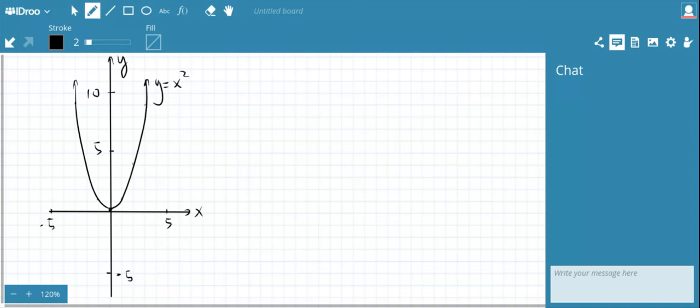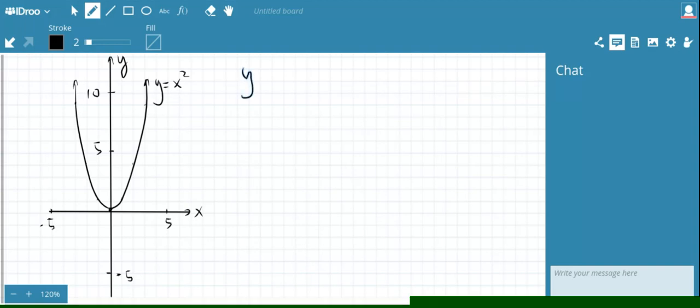So we're going to talk about translations, and then we're going to talk about shrinking and stretching and reflecting or flipping. These are all part of y equals a(x minus h) squared plus k.